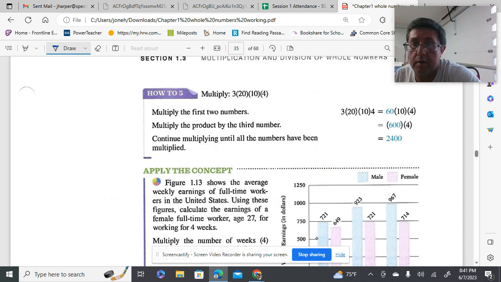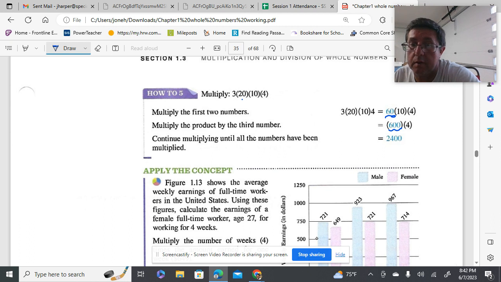Like right here, it says multiply 3 times 20 times 10 times 4. So what we would do is we would take 3 times 20. Well, that is 60. Then we would take 60 times 10, which is 600.